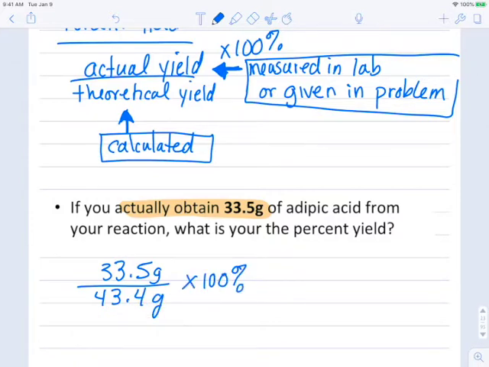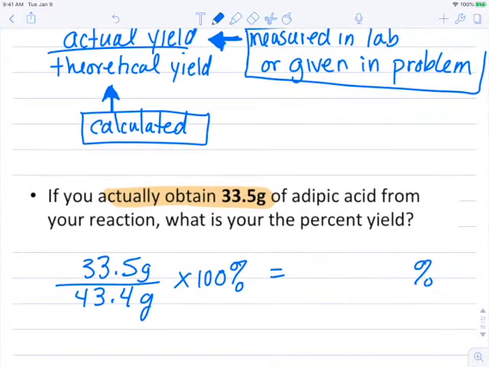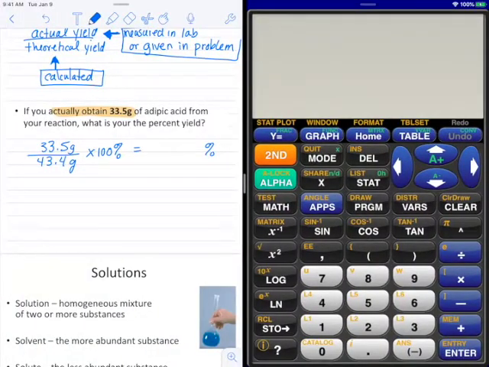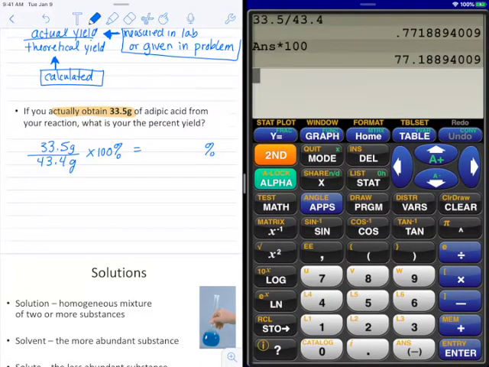Notice the grams will cancel out. Our final unit will just be a percent. So 33.5 divided by 43.4 times 100. And those of you calculating along, did you get something like a 77.2%? Yes, excellent.